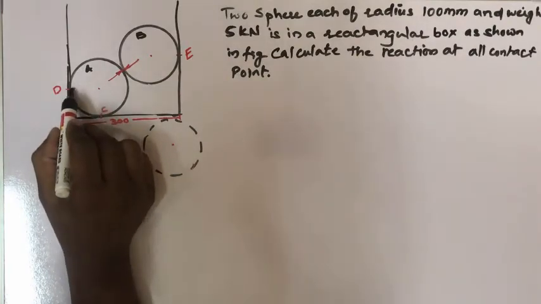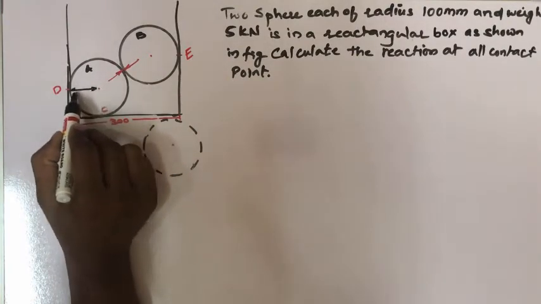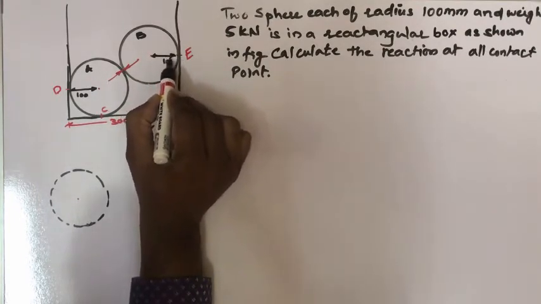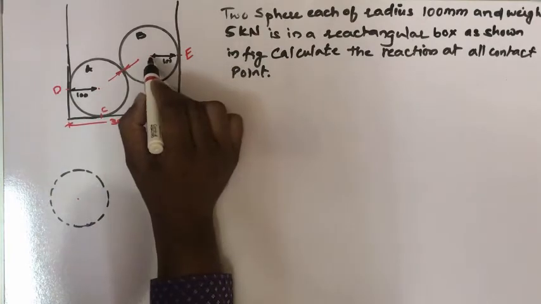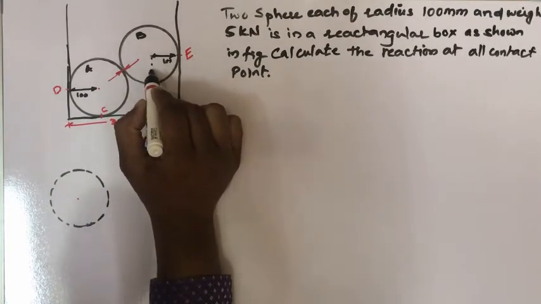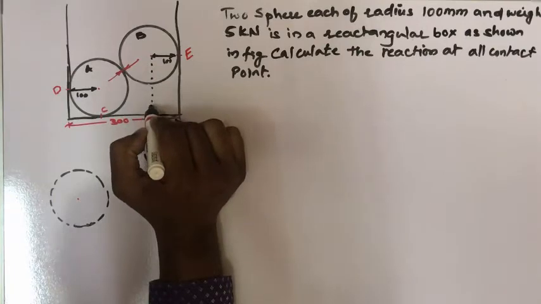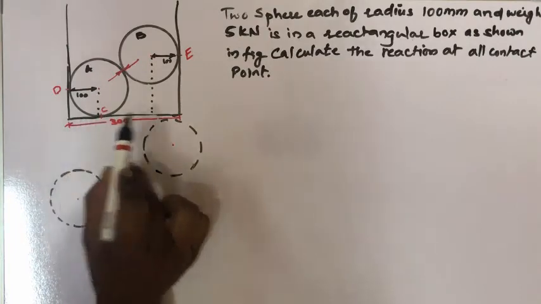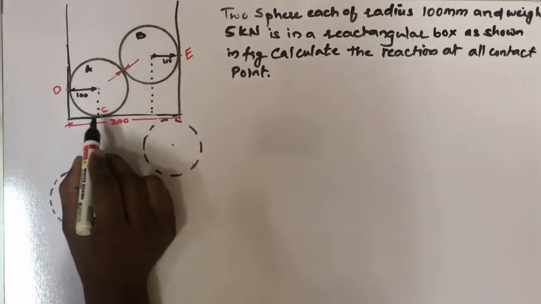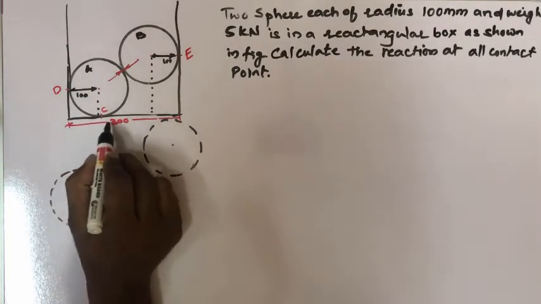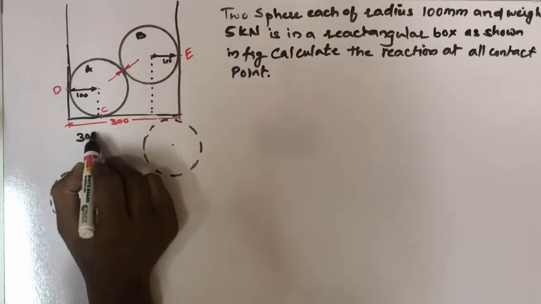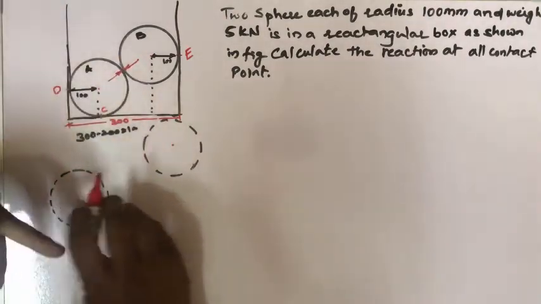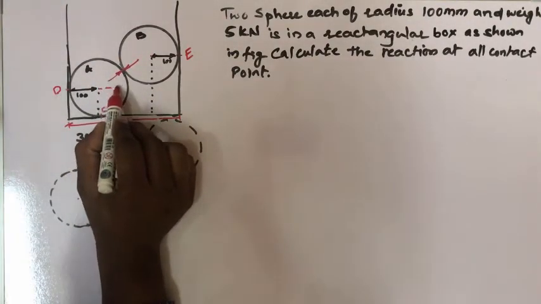I'll drop the line from the center of the sphere, and again I'll drop it over here. So if this is 100 and this is 100, total will be 200. The total is 300. If I deduct 300 minus 200, I'll get 100. So this distance is 100.